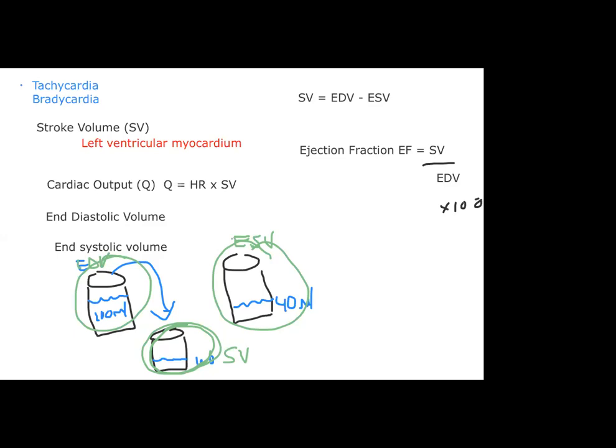End systolic volume is the amount of blood in the left ventricle after systole, which is after we've emptied it. So stroke volume is the amount of blood in the ventricle when it's full minus the amount after we've emptied it, which was the analogy of pouring the water out of the glass.